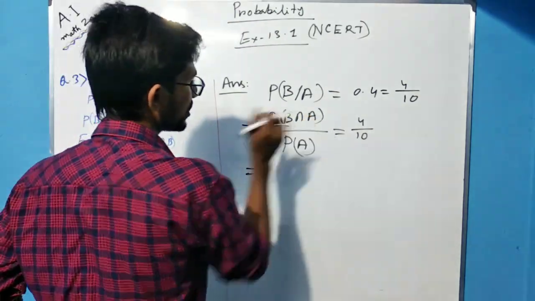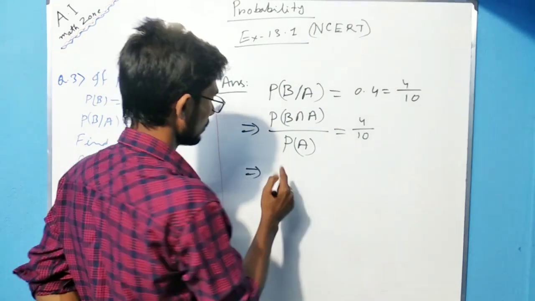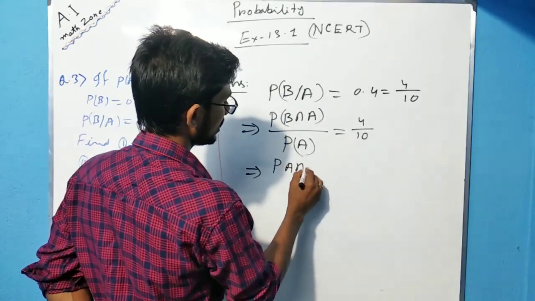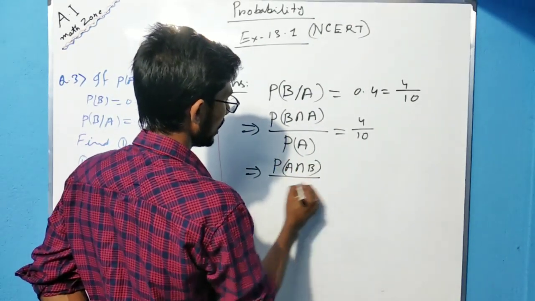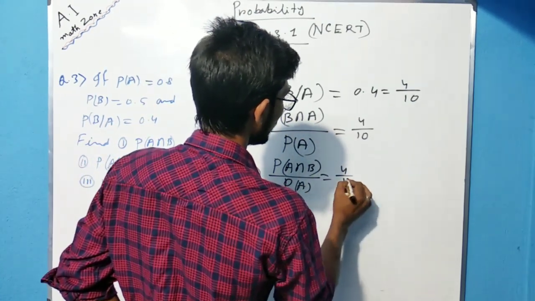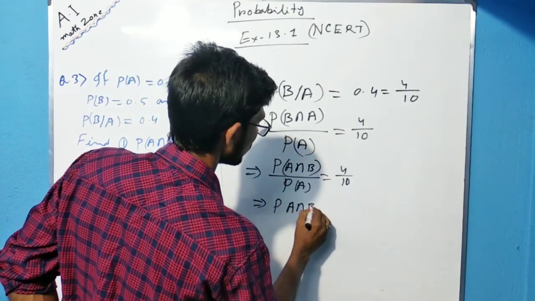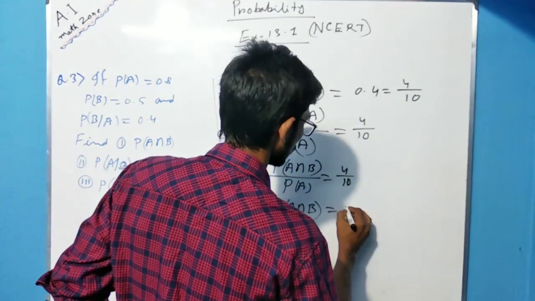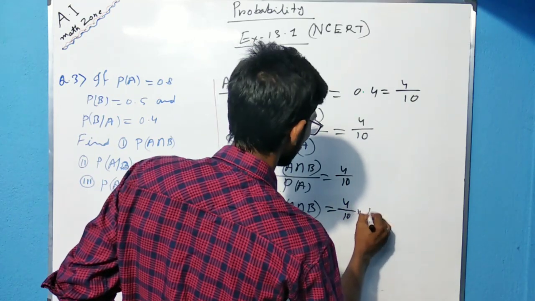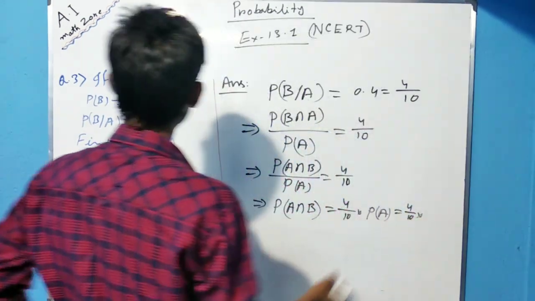See here, probability of B intersection A, that means A intersection B, both are the same. So you can write probability of A intersection B by probability of A is equal to 4 by 10, which implies probability of A intersection B is equal to 4 by 10 into probability of A.